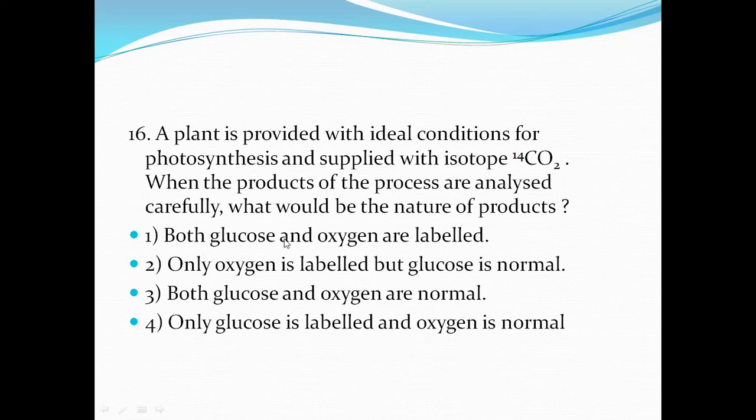Both glucose and oxygen are labeled? No, oxygen cannot be labeled because it does not contain carbon. But glucose can be labeled because it contains this isotope of carbon, 14. So this is correct, but this is incorrect. So the statement is incorrect.